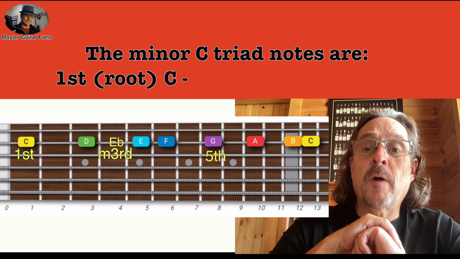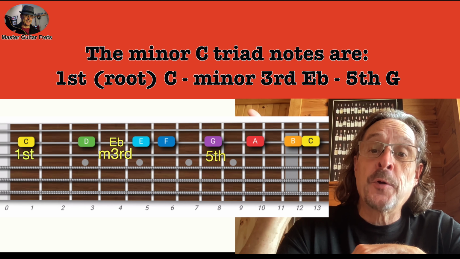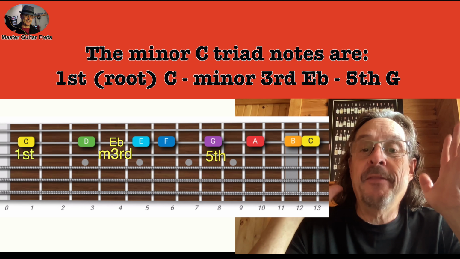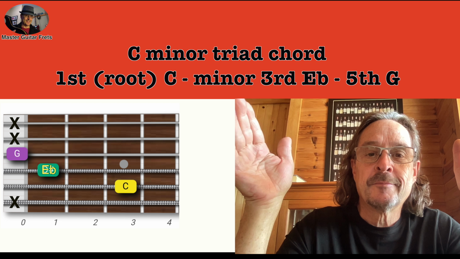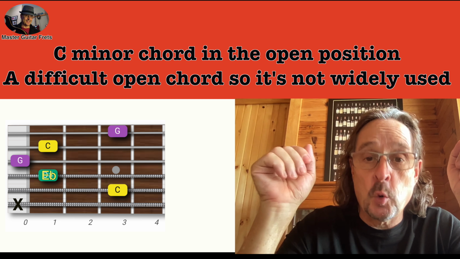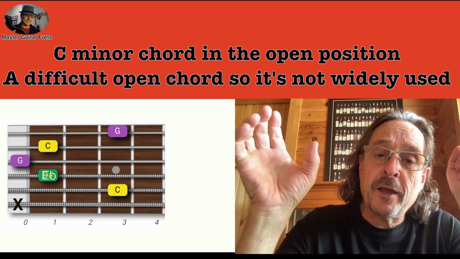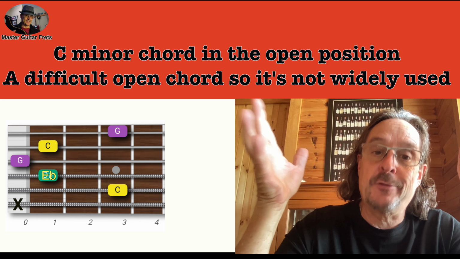The minor C triad notes are, first the root is C, the 3rd is an E flat, and the 5th is a G. So here's the C minor triad chord in the open position. It's a difficult shape, so it's not widely used, but for demonstration purposes, it's okay.